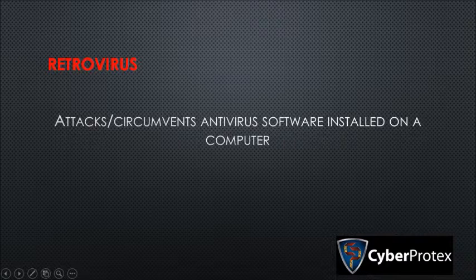Retroviruses, these are pretty neat. They go straight at the antivirus software itself. This can be a head-on attack, or it can be kind of cloak and dagger. Sometimes with retroviruses, you'll see that they go at the virus database, the collection of viruses that an antivirus software has on its system, and they can just wipe it, delete it completely.